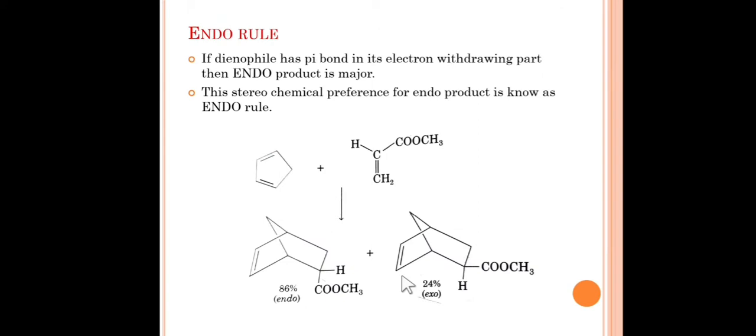If a dienophile has a pi bond in its electron withdrawing part, then the endo product is major. So this is a dienophile, and if we have a pi bond in the electron withdrawing part of this dienophile, we get the endo product as the major product. This stereochemical preference for the endo product is known as the endo rule. That means you can say 76% endo product, and this is only 24%.